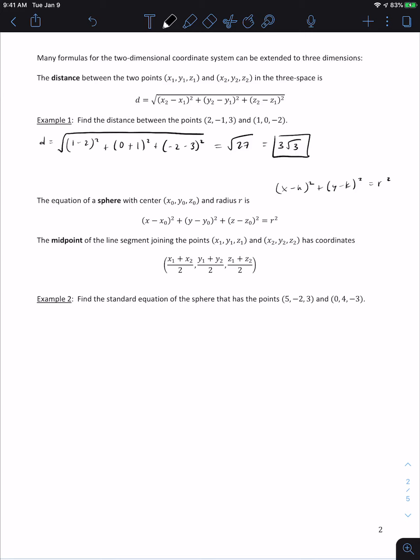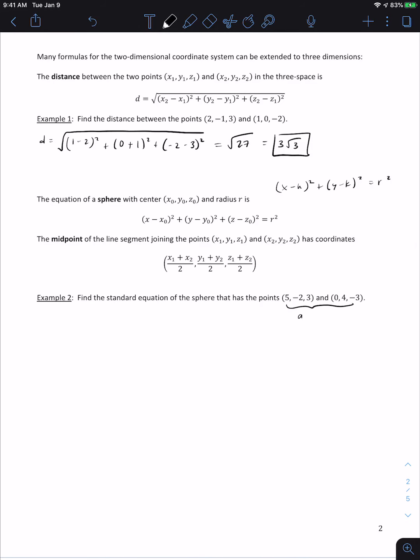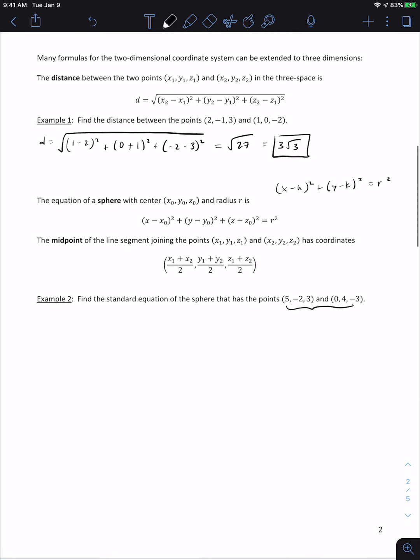So looking at this example here, if I wanted to find the standard equation of a sphere that has the points 5, negative 2, 3, and 0, 4, negative 3. Okay, so what I need to do here, I guess I should have put that these 2 points make the diameter, because that's kind of the assumption we're making.